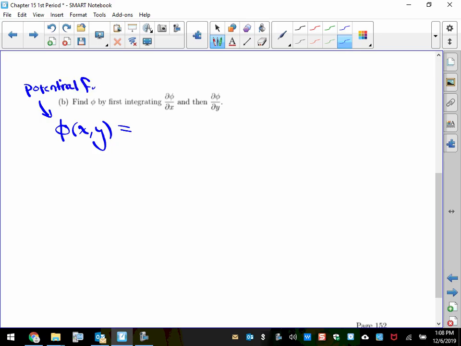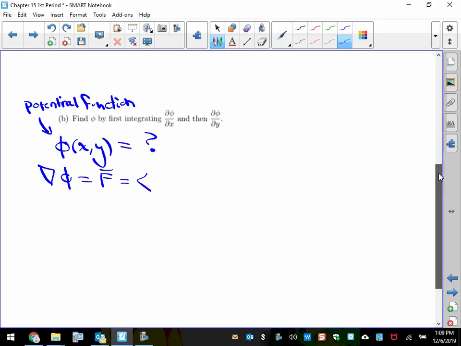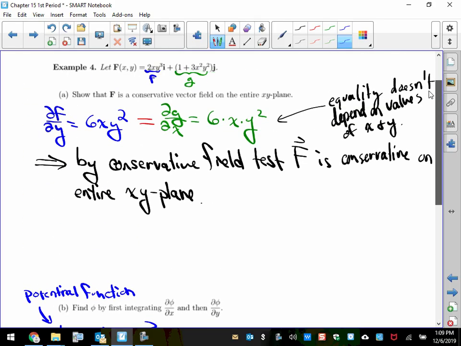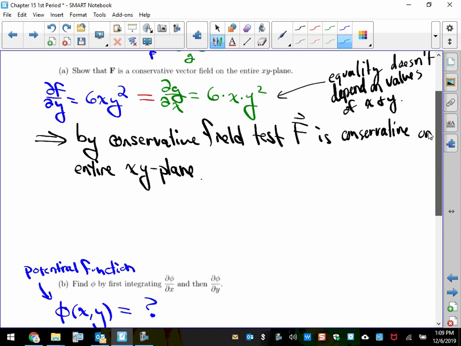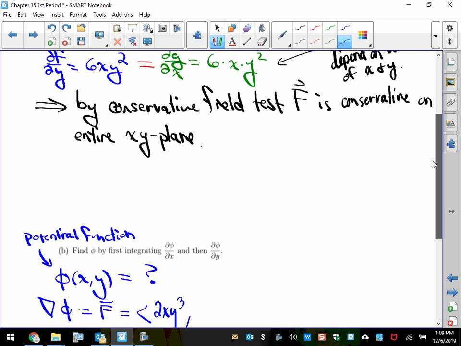And we don't know what it is. It's out there. We know it has to exist because the field's conservative. And we know that its gradient is going to be F. Well, we know what F is. Let's go back and look at it. F is up here. It's 2xy cubed, and then the y component is 1 plus 3x squared y squared.